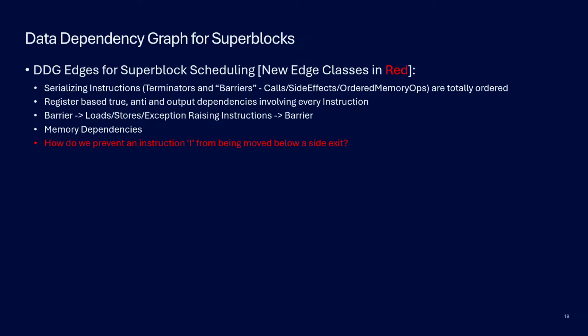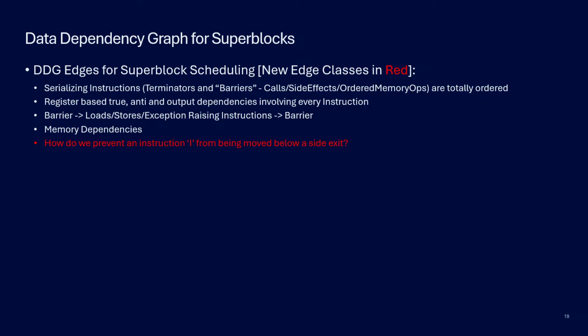By this edge, what does this edge prevent us from doing? Scheduling D before we schedule A, right? This edge enforces an order that A should be scheduled before D.